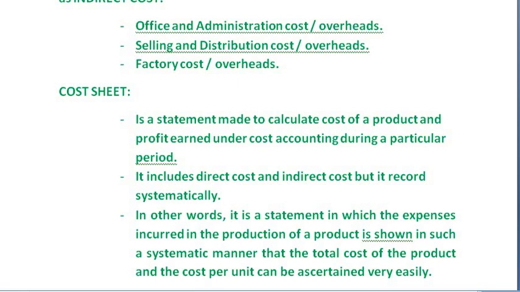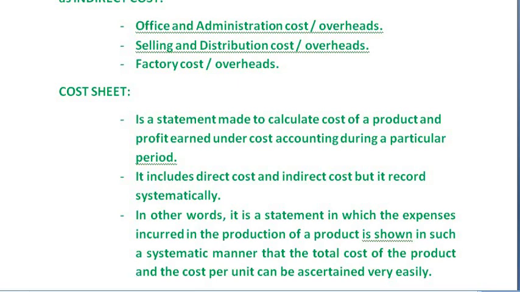This cost sheet includes direct cost as well as indirect cost. Okay, so whenever any expenses are involved directly in a production or indirectly in a production, all those expenses you want to record systematically in this statement.